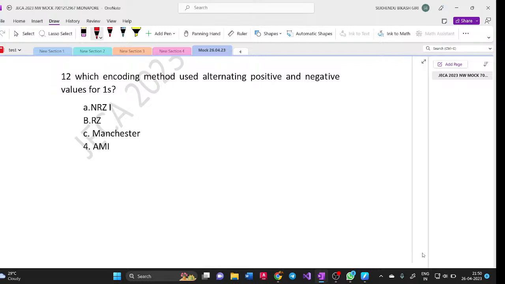When we read the last technique, does anyone remember what was the last technique we read?